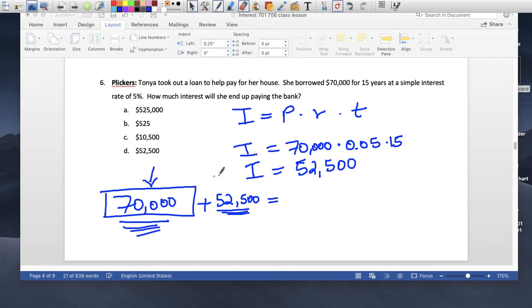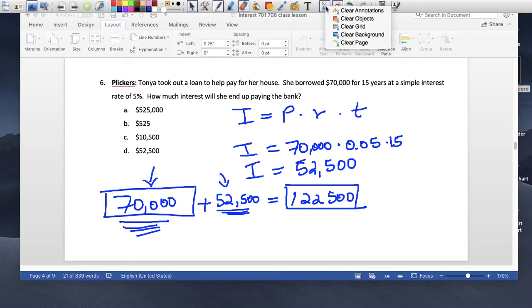They gave you this much money, they want a little bit extra. And this is how much extra they want, which is a lot. So at the end of 15 years, when you're repaying your debt, you end up paying 122,500. So look how much more you're paying than your original loan. Okay, so that's how the bank makes money.